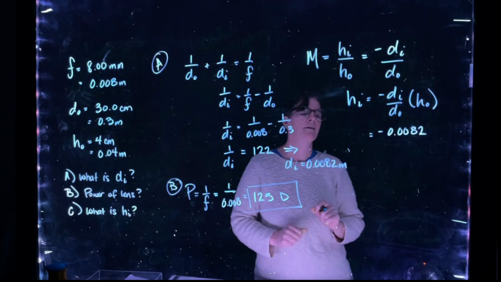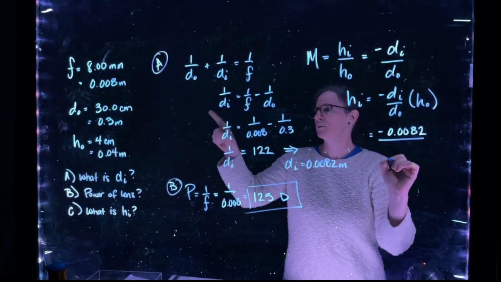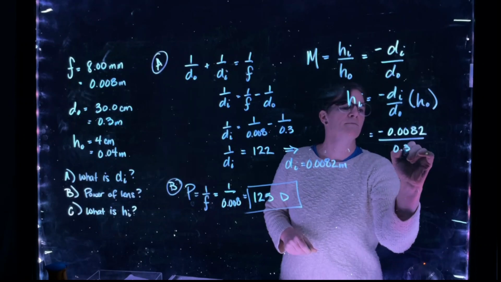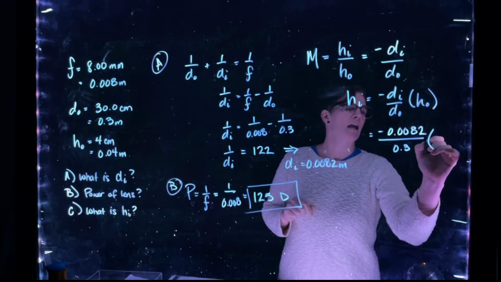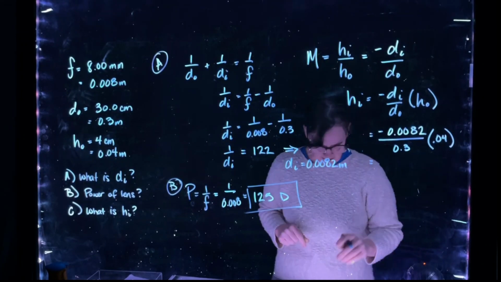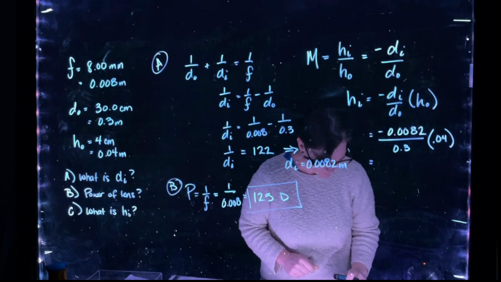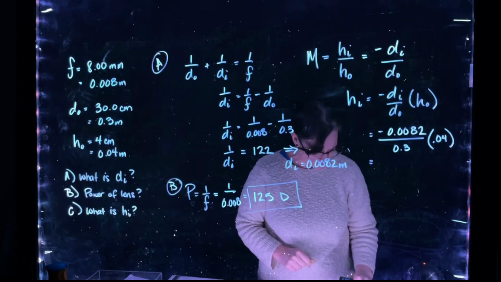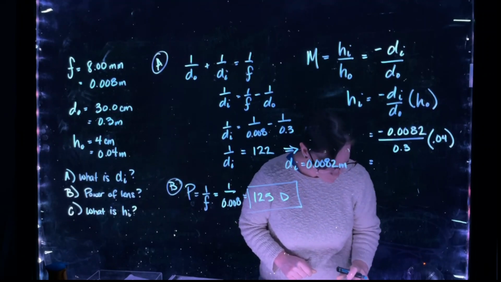So we always want to check our conventions. All right, our object distance we know is 0.3, and that's positive, also by our conventions. And the height of the object is 0.04. So if I plug into my calculator, we have 0.0082 divided by 0.3 times 0.04.